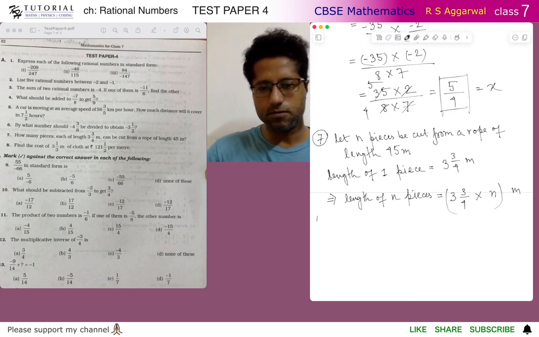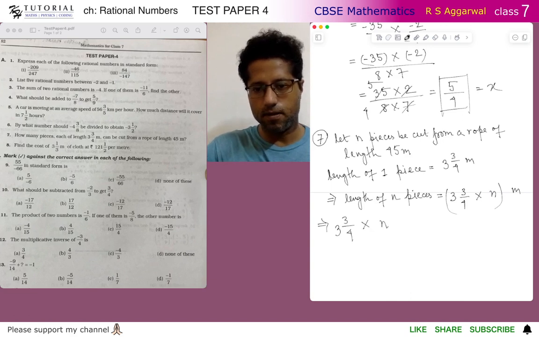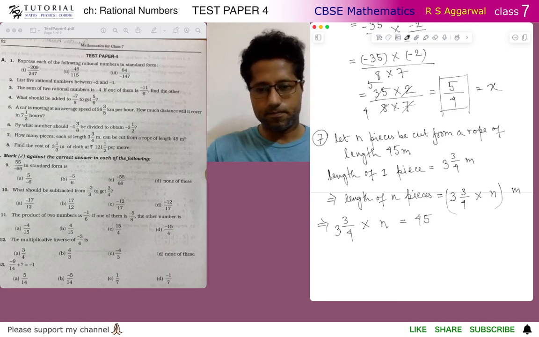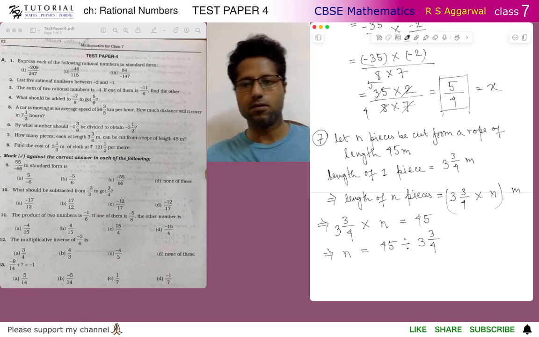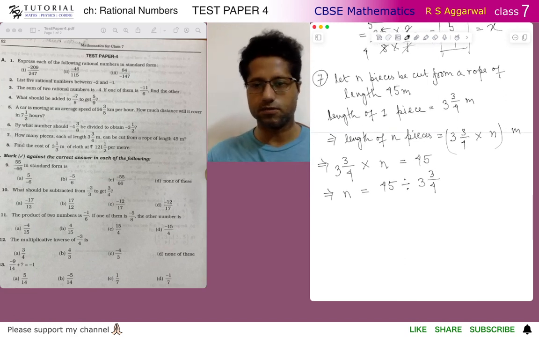So this implies 3 and 3 by 4 multiplied by n equals 45. From this we have to find n. So this implies n equals 45 divided by 3 and 3 by 4. This is the mathematical expression we have to find, and it will be the number of pieces.